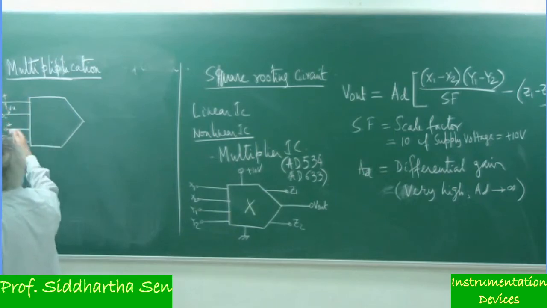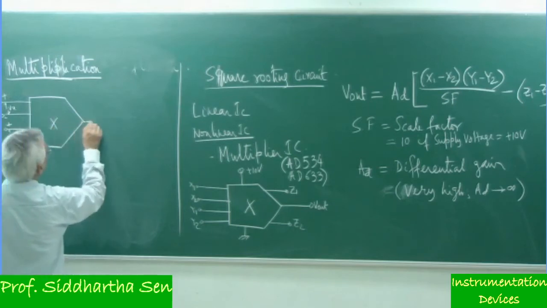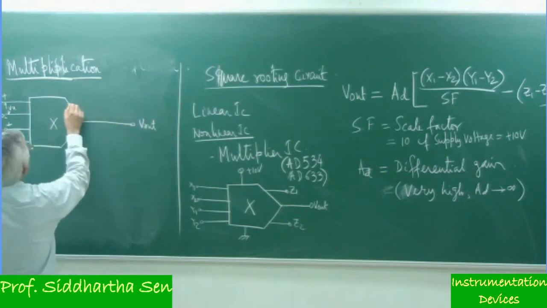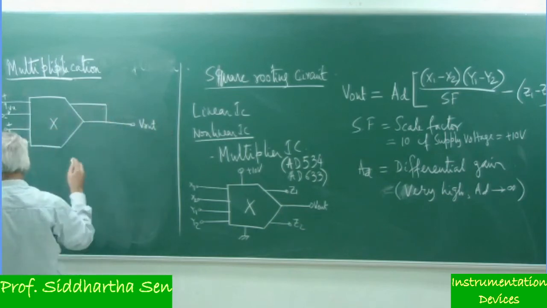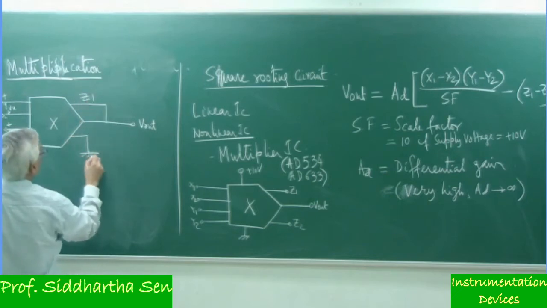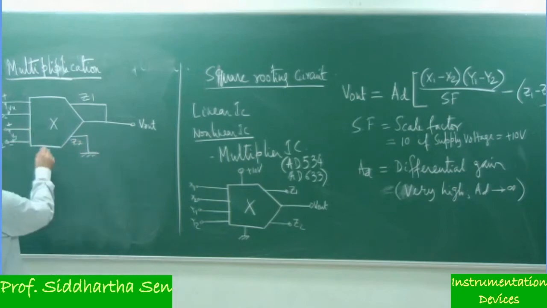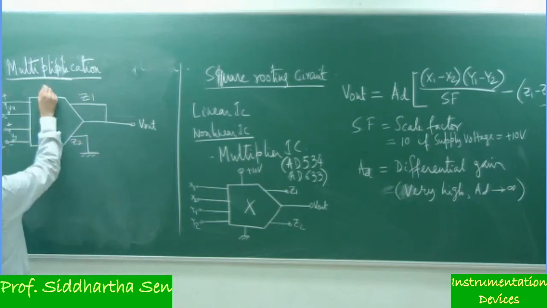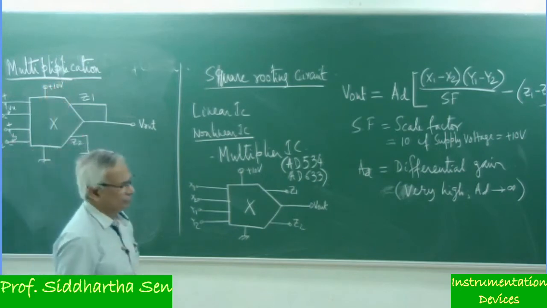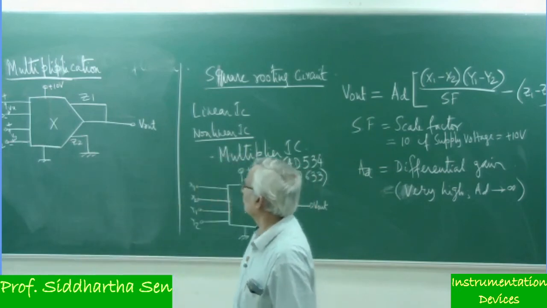Similarly, y1 and y2, this is the voltage I apply there. So I ground Z2, and obviously there is an E, plus 10 volt. I ground Z2 and Z1 is connected to V out.